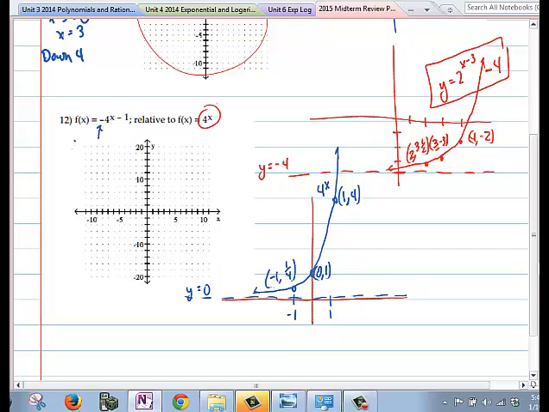That negative is a flip over the x-axis. Remember, the negative in front of the function flips over the x-axis. If the negative were in front of the variable, that would be a flip over the y-axis, but there is no flip over the y-axis, so I don't want to confuse anybody. But that's just really for general information.